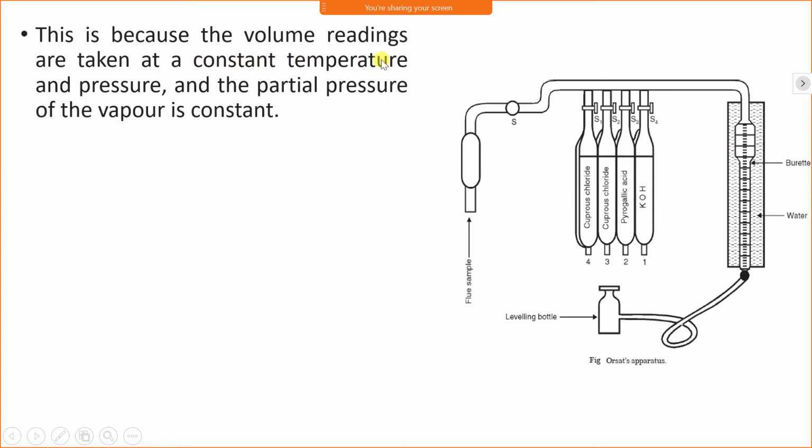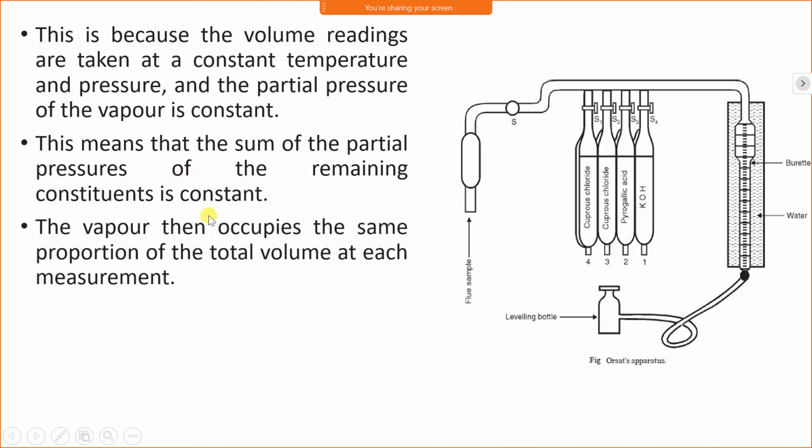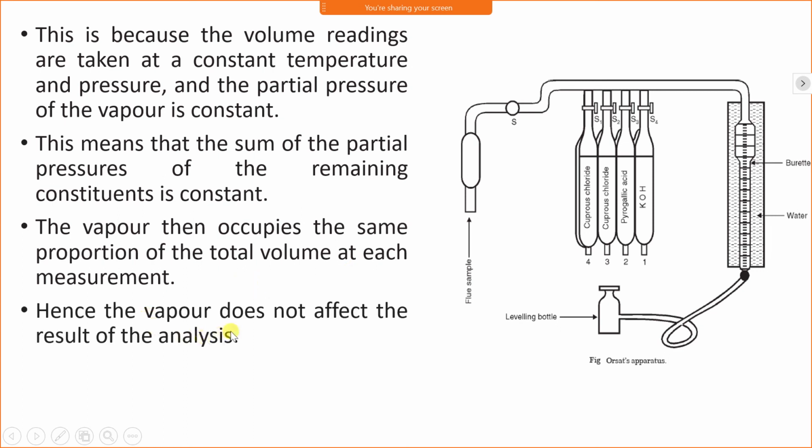This is because the volumetric readings are taken at constant temperature and pressure, and the partial pressure of the vapor is constant. This means that the sum of the partial pressures of the remaining constituents is constant. The vapor then occupies the same proportion of the total volume at each measurement. Hence, the vapor does not affect the result of the analysis.